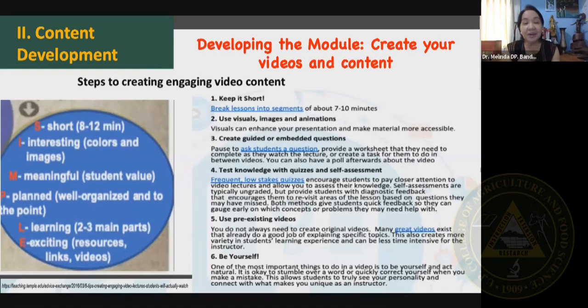So, guided or embedded questions. Sometimes, even if it is just 10 minutes, for instance, it will help if we embed questions or ask our students something in between. For instance, in the middle of a video lecture, we ask them something.